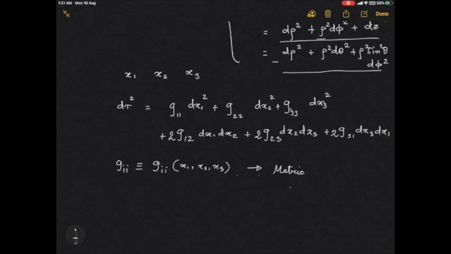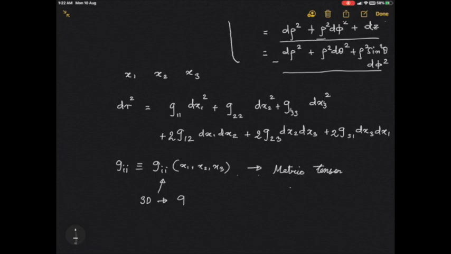You see that there is not one function. In the case of 3D, there are 9 such functions. 6 of them are independent, because there is a symmetry if you think of Gij in a matrix form. So this type of objects are called tensors, which you will learn or have already learned, and they're called the metric tensor.